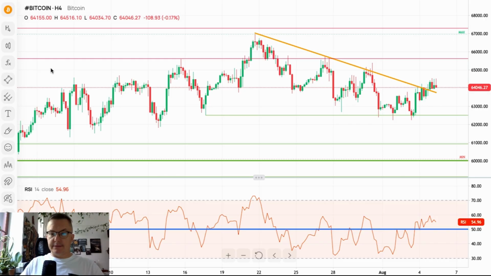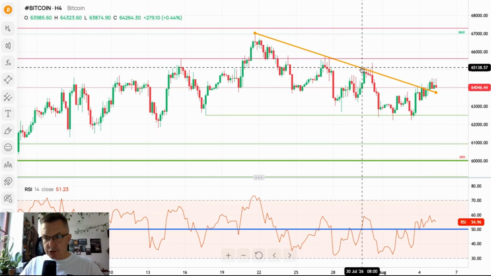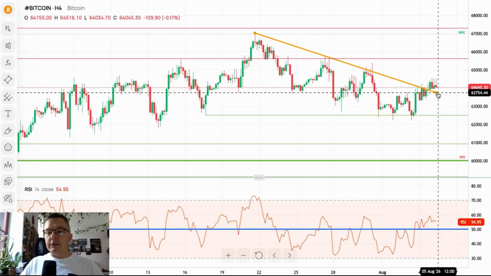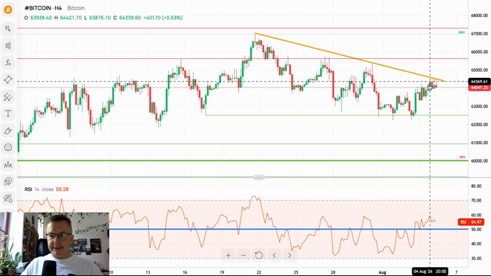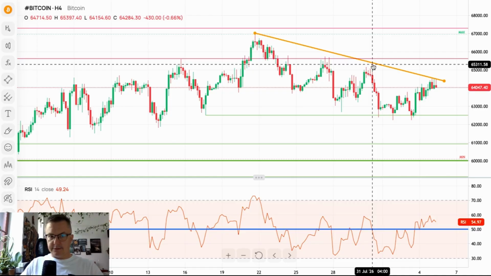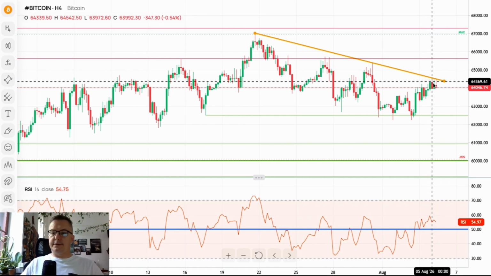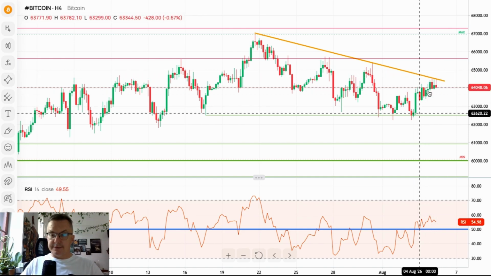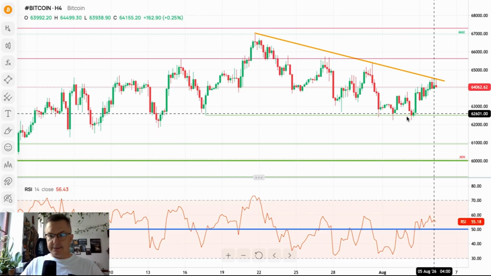And last but not least, the Bitcoin breaks above the trend line. If we move our trend line towards the newest data, like here, you can see that we got the test of the trend line. If we take this into account, this swing high at 65,397. So that's the pure technical movement to the upside from the nice technical support.